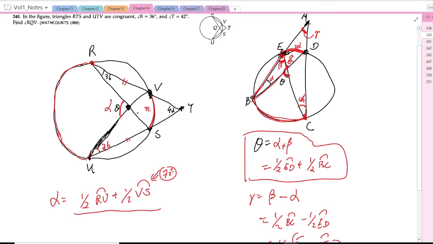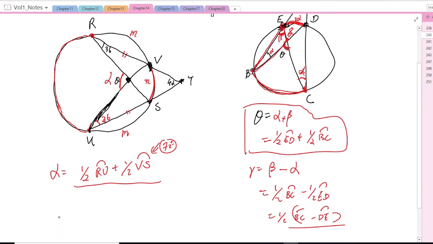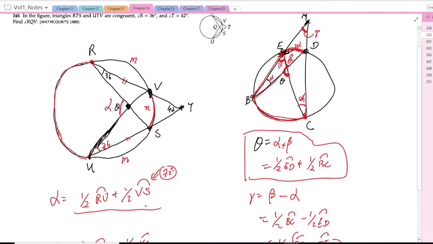So let's see, this arc is M, and this arc is also M, right? And we also know this is 42 degrees, right? Now we can see the 42 degrees is equal to half of the arc RU minus half of the arc VS, right?